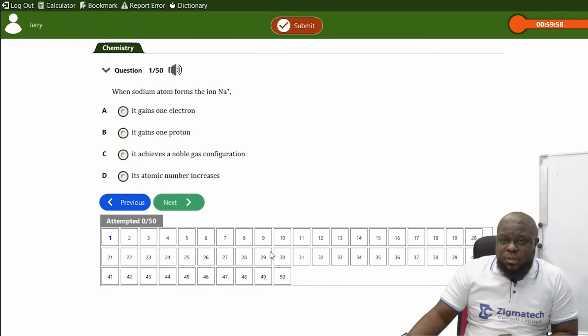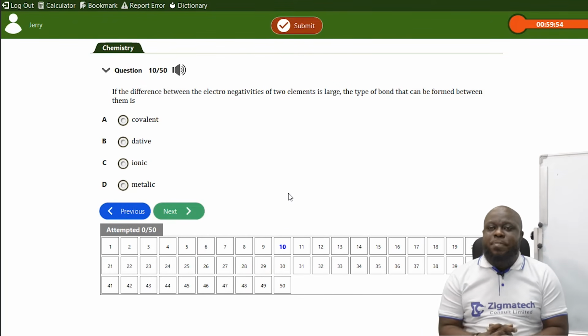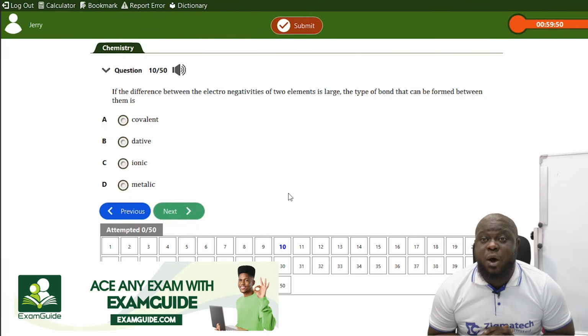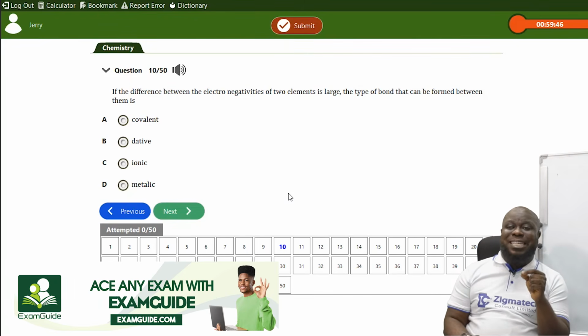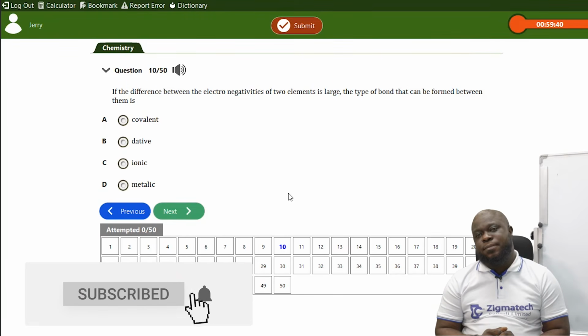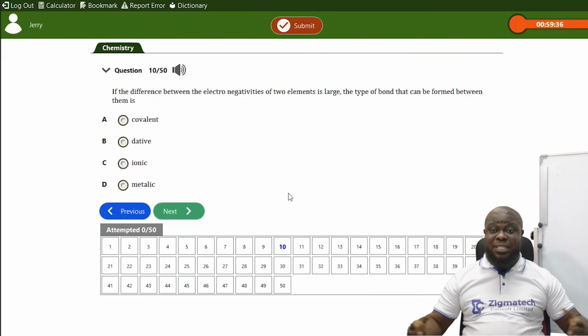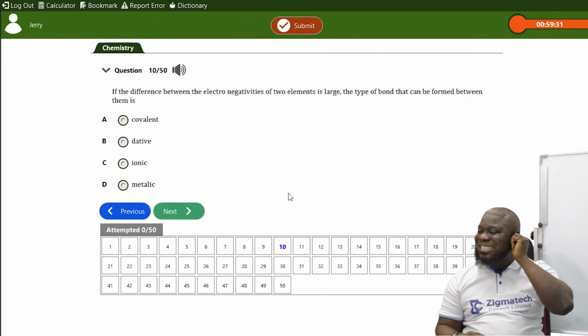Now, the next one is 2007, question 10. The difference between the electronegativities of two elements is large, the type of bond that can be formed between them is... Electronegativity, like I said, is the difference of charges.